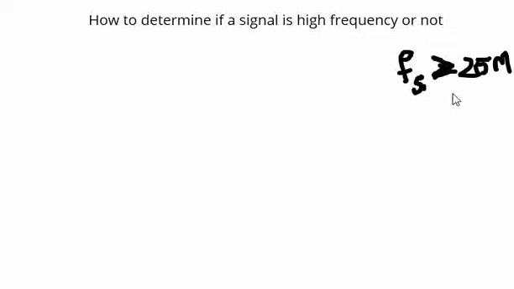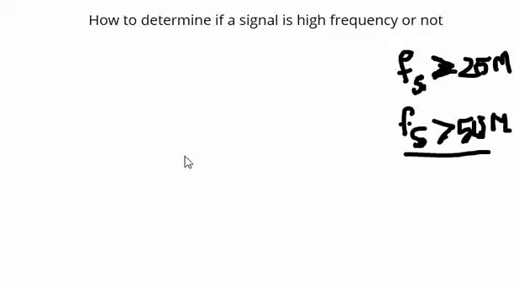But if any frequency goes beyond 50 megahertz, then you need to consider this as high frequency and start using the high frequency principles during the PCB design or in your circuit design. So this is the first base point.